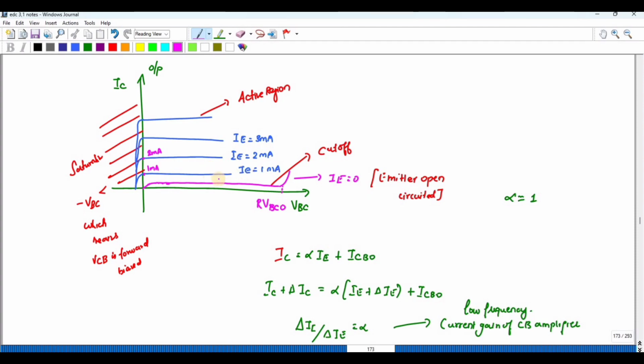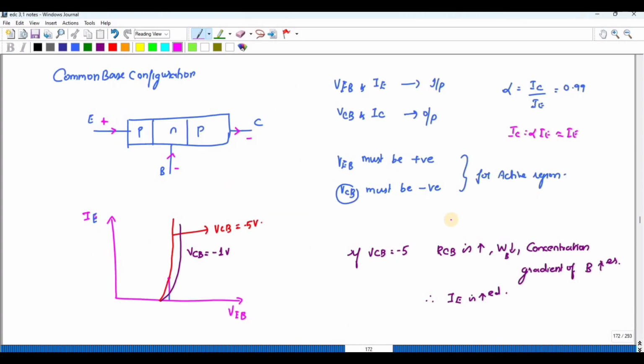If IE is less than 0, it is in the cutoff region, and this is your active region, since we are increasing the value of VCB.